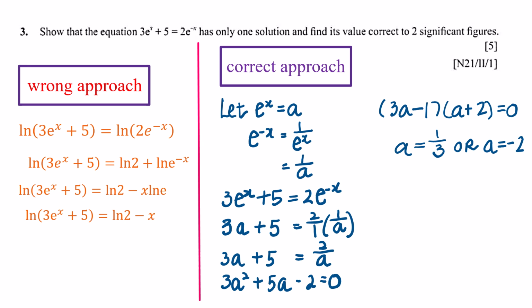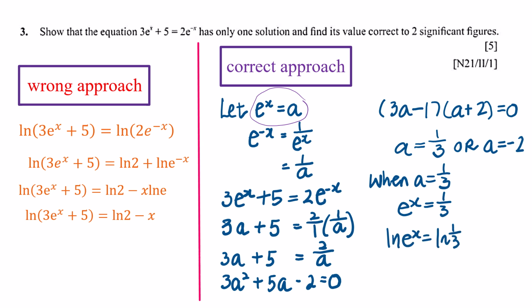Now bear in mind that your a is a substituted value for e to the power of x, so you have to replace it with e to the power of x. Okay, in this case then, to find the value of x, you can bring ln to both sides. So that will give you x ln e equals ln 1/3. x will be ln 1/3, which is negative 1.1.